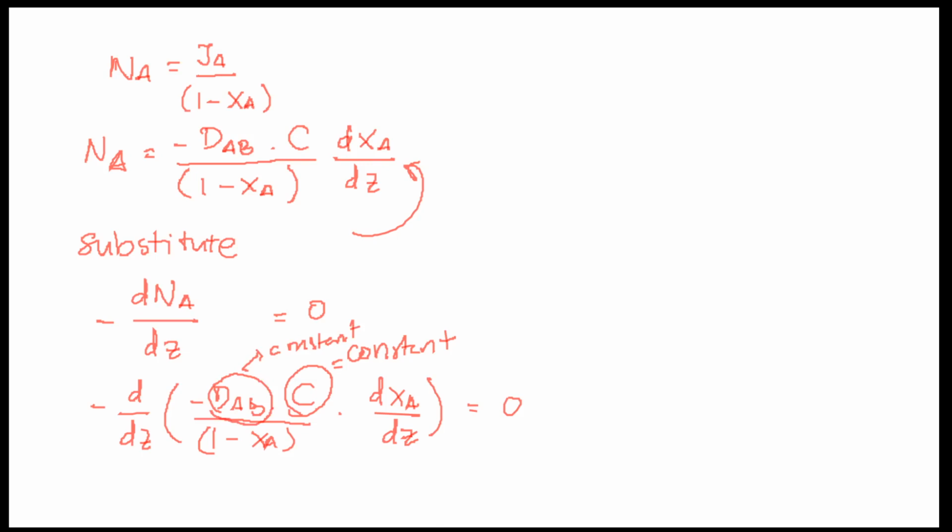So now I have DAB C d per dz of dXA over 1 minus XA dz equal to 0.